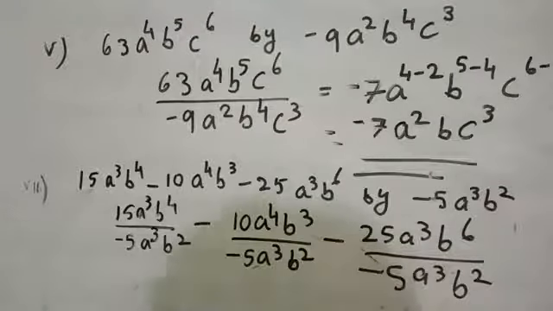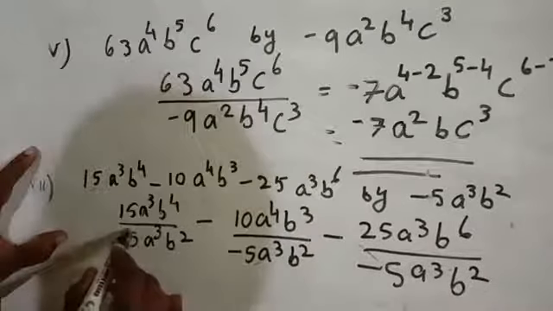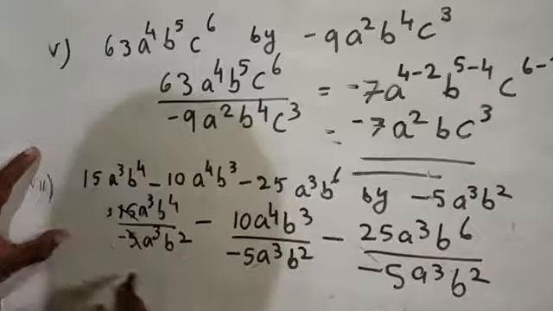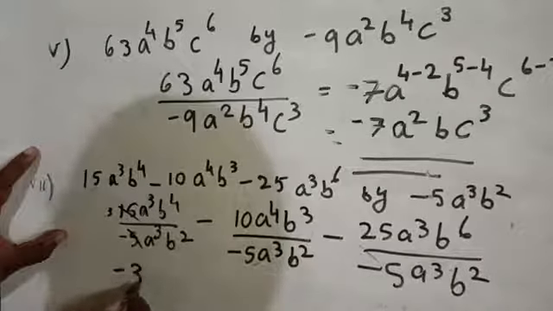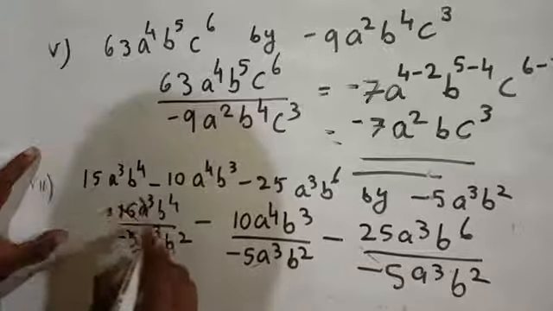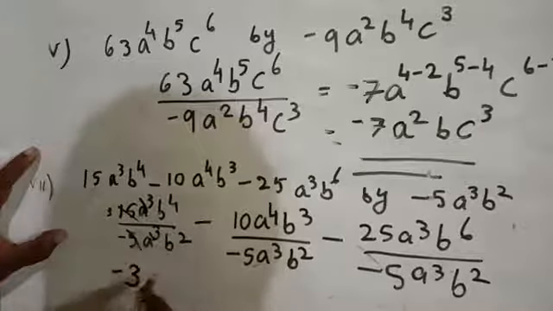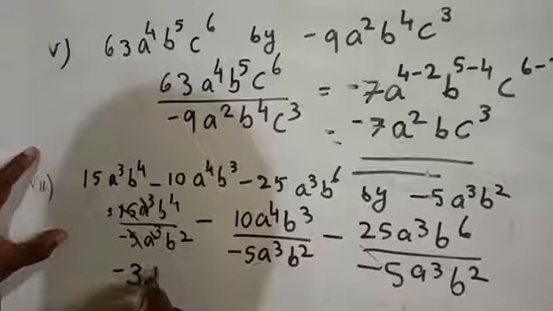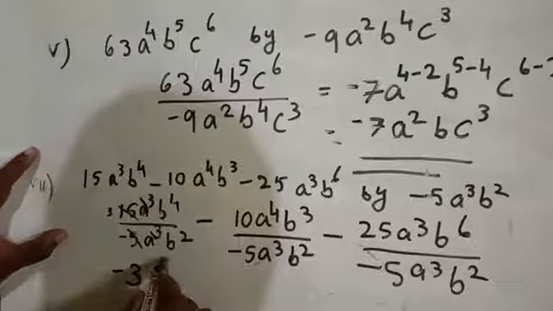Now each and every term, so here this 1 5 is 5, 3 5s are 15. Okay, so minus sign is there. Minus 3, a cube and a cube get cancelled. B raised to 4 minus 2, that is 2.